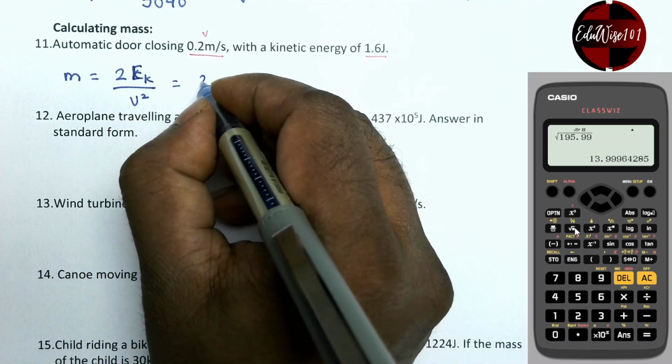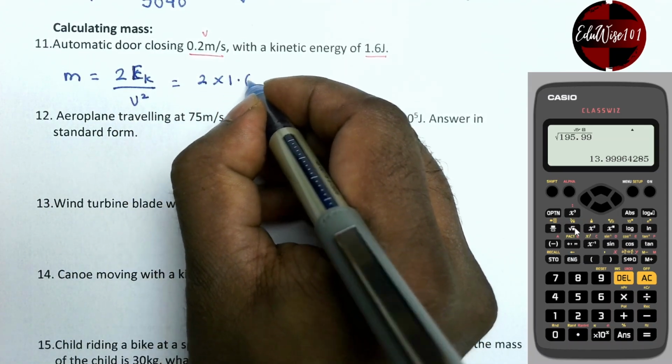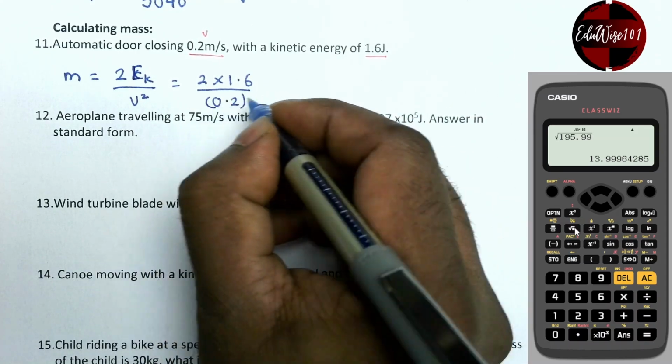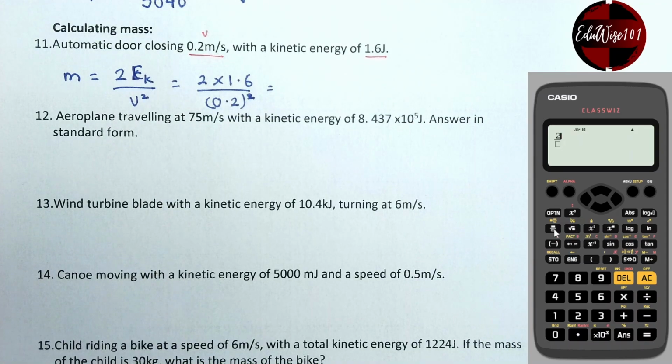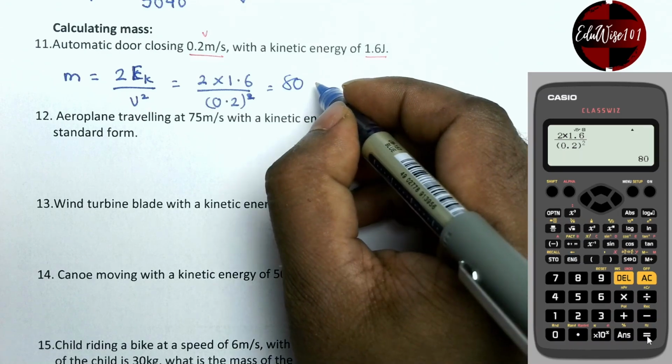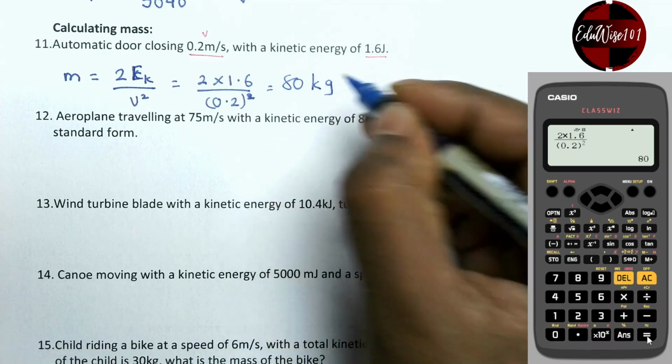So 2 times 1.6 divided by 0.2 squared equals 80 kilogram.